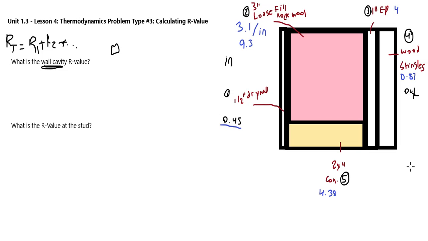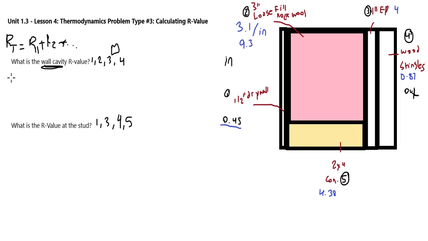Now we just have to add. For this one, it's going to include 1, 2, 3, and 4. And for the other one, it's going to include 1, 3, 4, and 5. We'll talk about why later. So all we have to do is add them.